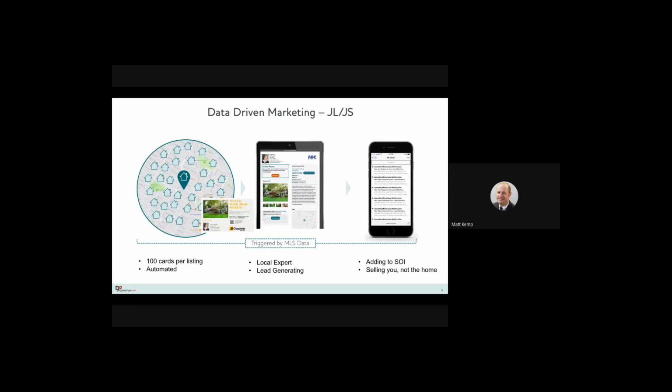So the methodology behind this direct mail is, whenever you do a Just Listed, it's not you promoting the house, it's promoting you as the agent being the local expert. So whenever neighbors see and get those cards, they realize, oh wow, Sally Woods, she is moving a considerable amount of property in my area. She must be the local expert. So that's where that lead generation comes in.